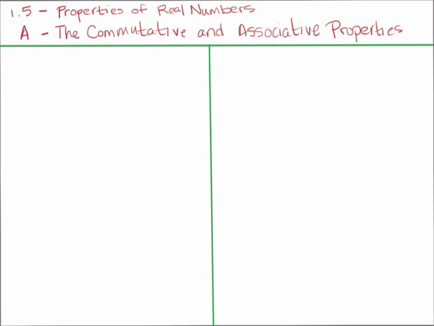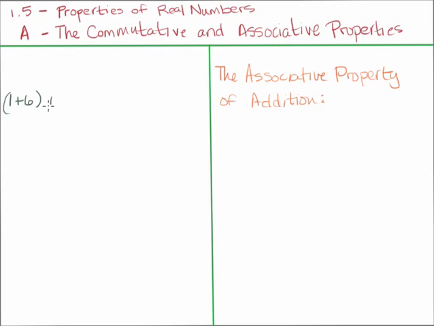Now, of course, as promised, let's talk about the associative properties. Let's do this one by looking at an example as well. I could take 1 plus 6, for example, and then add that to 8. Order of operations tells me I need to do what's in parentheses first, and then add the 8 afterwards.